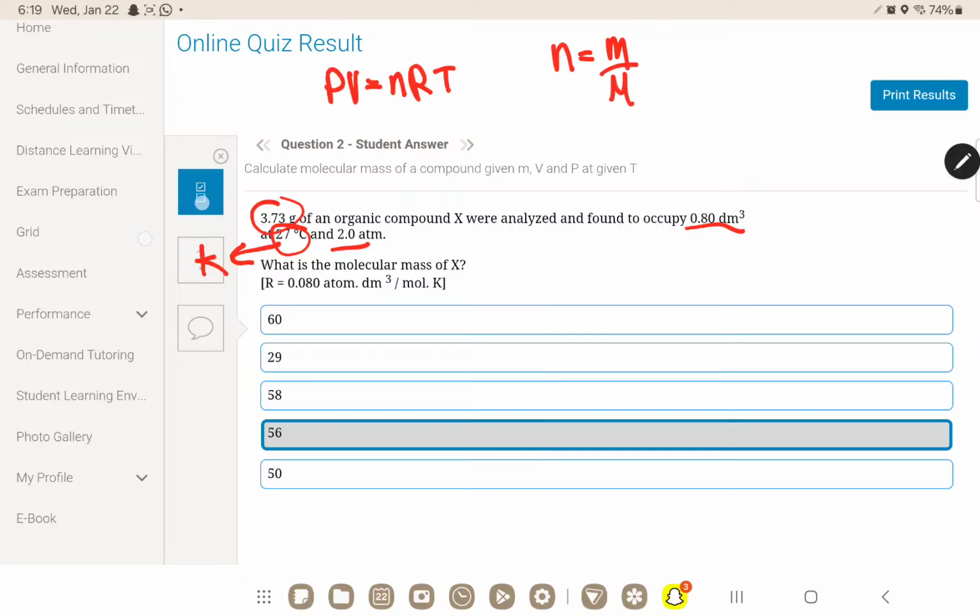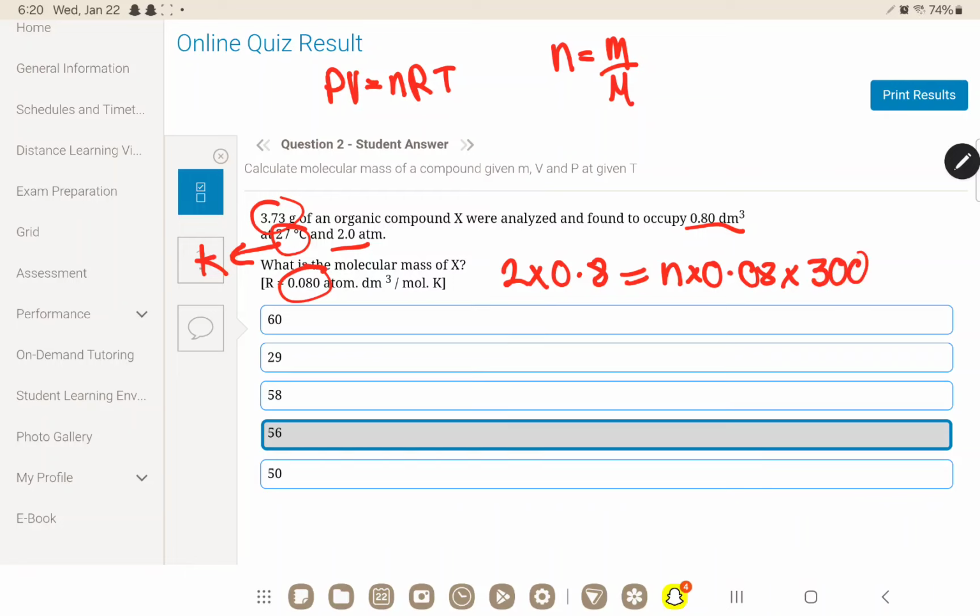So you do P, which is 2, times 0.8 equals n, which is what we're trying to find, times R. R is a constant that is equal to 0.08 always, so times 0.08. But always look at what they tell you to put it as, because sometimes they tell you 0.082. Times T, 27 in Kelvin is 27 plus 273, which is 300.